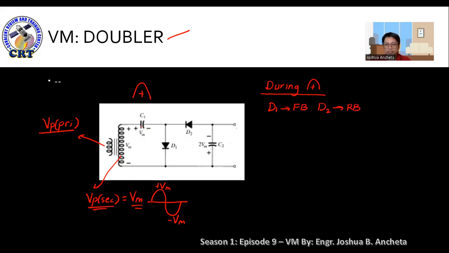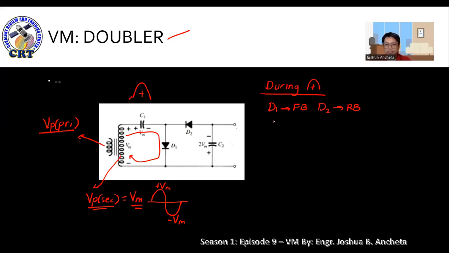Diba? You can observe that. You can analyze that if you consider the positive half cycle flowing in this circuit. If this is the case, we have a closed path here. And then D2 is open.